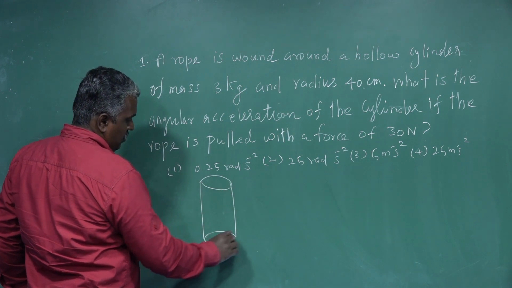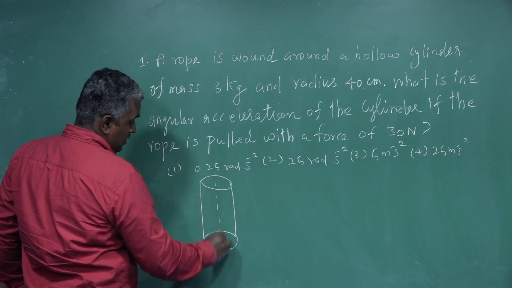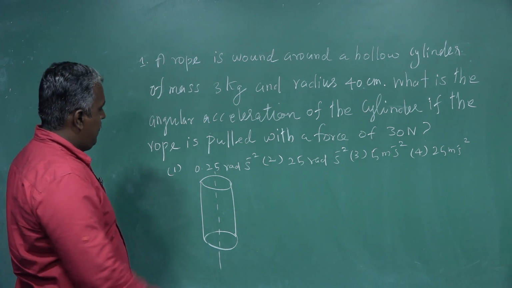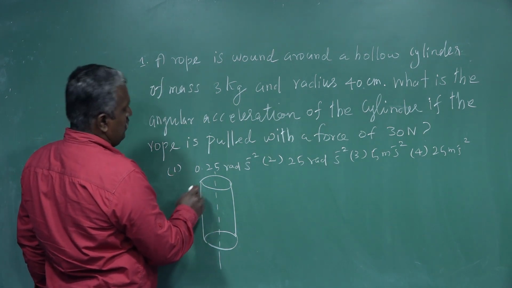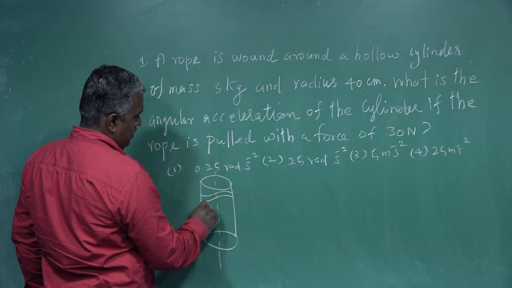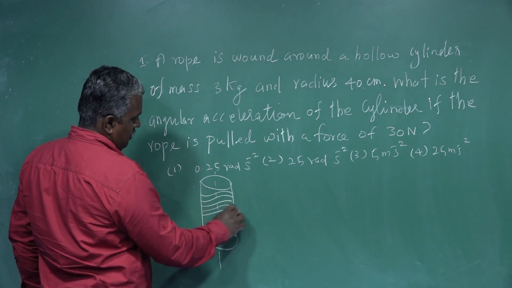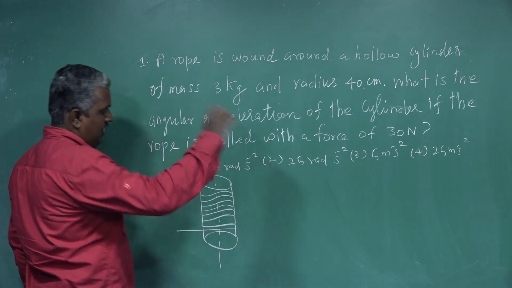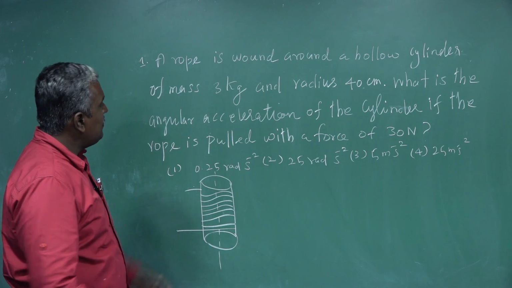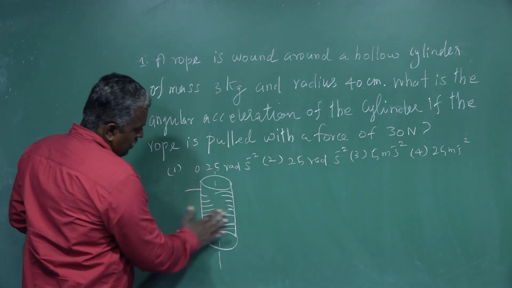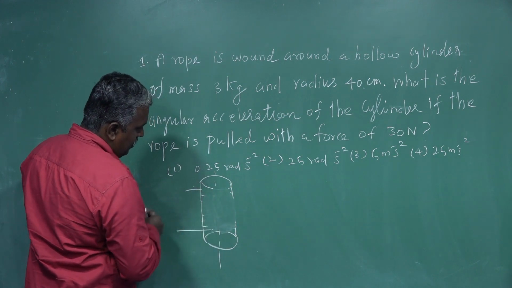This is the hollow cylinder, this is the axis of the cylinder, and the rope is wound very closely like this. Or simplest, we can draw like this.